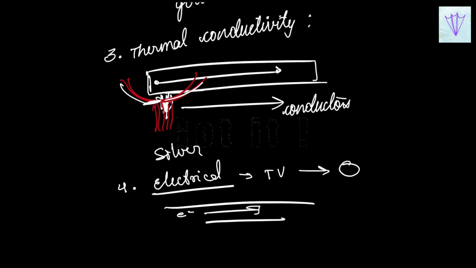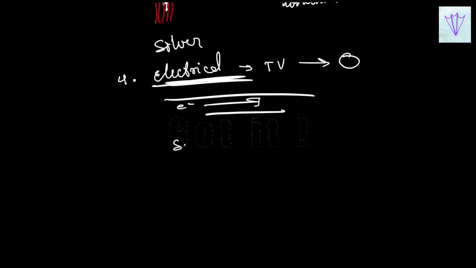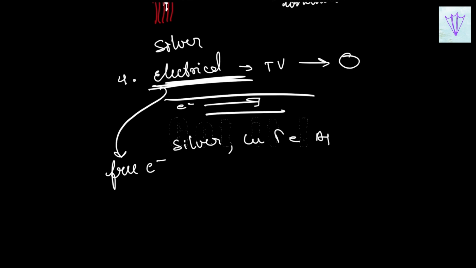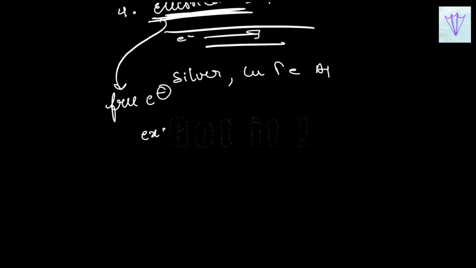This property is called electrical conductivity. Examples are silver, copper, iron, aluminium. The passage of electricity is possible due to the presence of free electrons. Exceptions for this include mercury and lead.